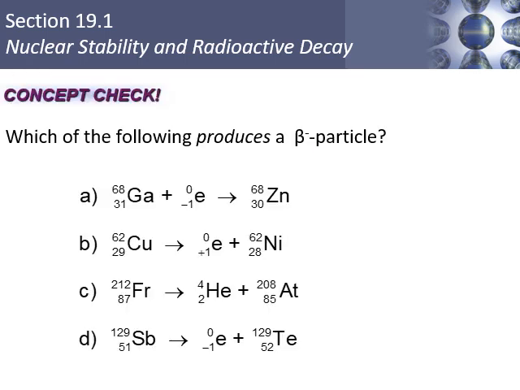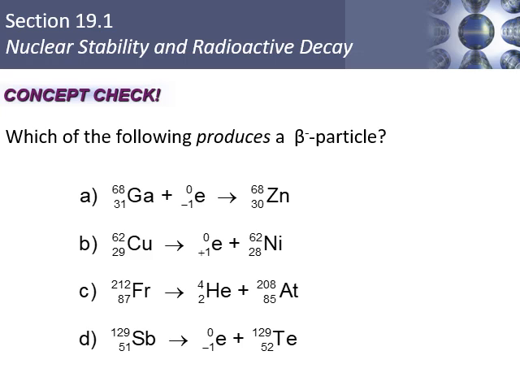Okay, good. Here's a concept check. Let's test your knowledge. Which of the following produces a beta minus particle? That means on the right-hand side of the arrow, we need either something that says beta minus or an electron with a negative, not a positive, charge.